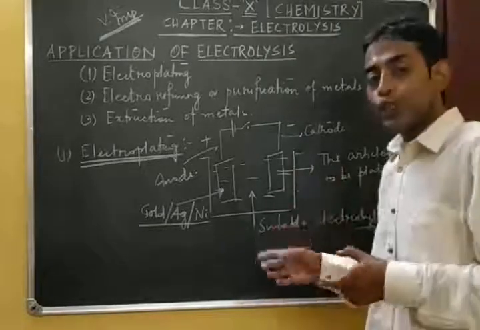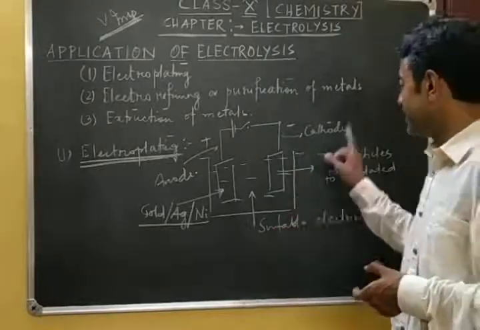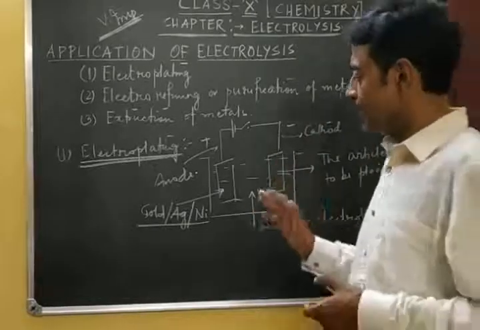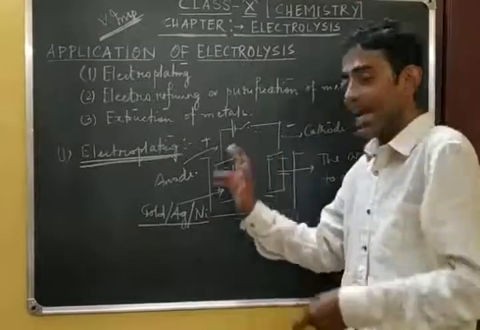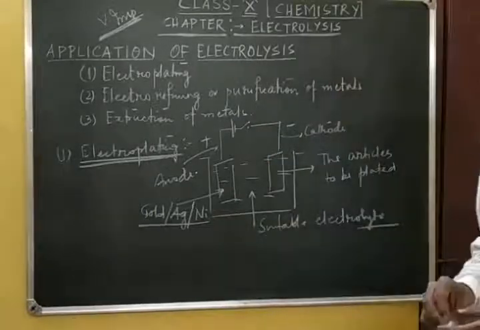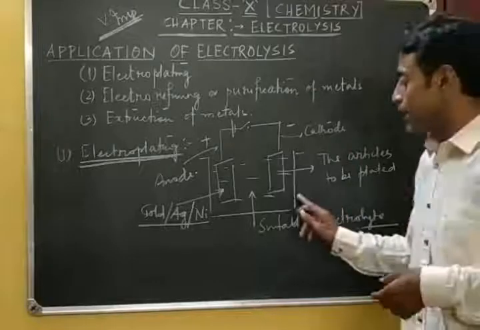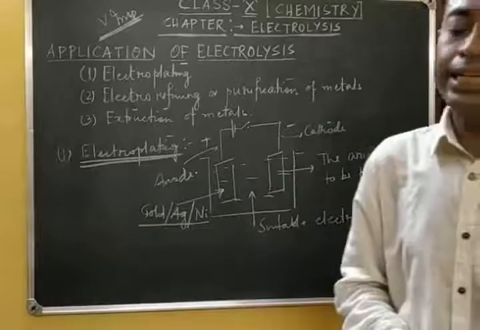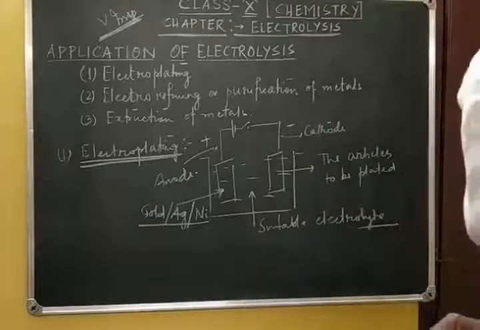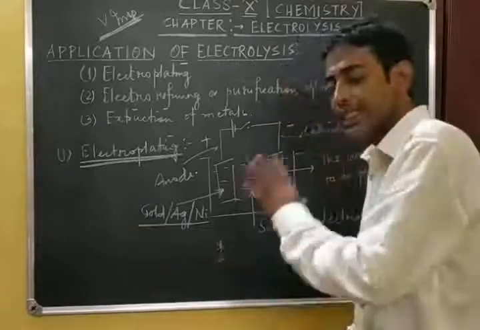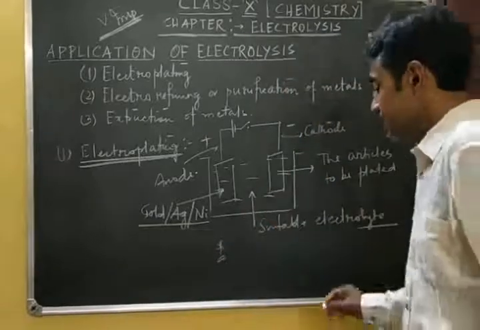Here the articles to be electroplated should be placed at the cathode, and the coating material, that is gold, silver, which is to be plated, at the anode, and externally a very small electric supply should be there, and we will be using a suitable electrolyte for electroplating of the devices. The process should be very slow, remember, and we will discuss it elaborately in the next videos.